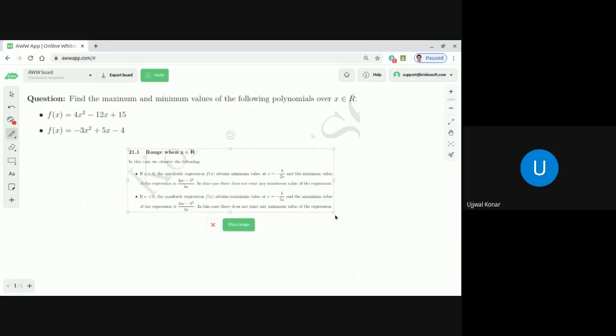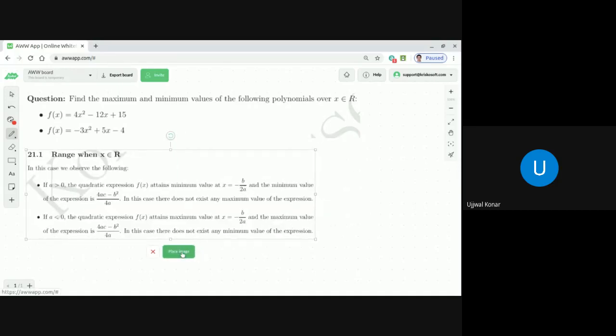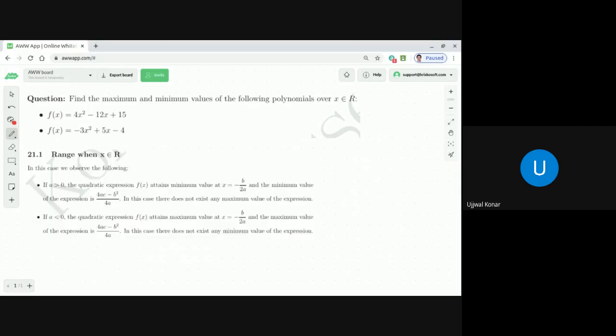When x belongs to R, then what we get? We get two cases that we learned, when a is greater than 0. Now let me use a different color and start with this one, fx.